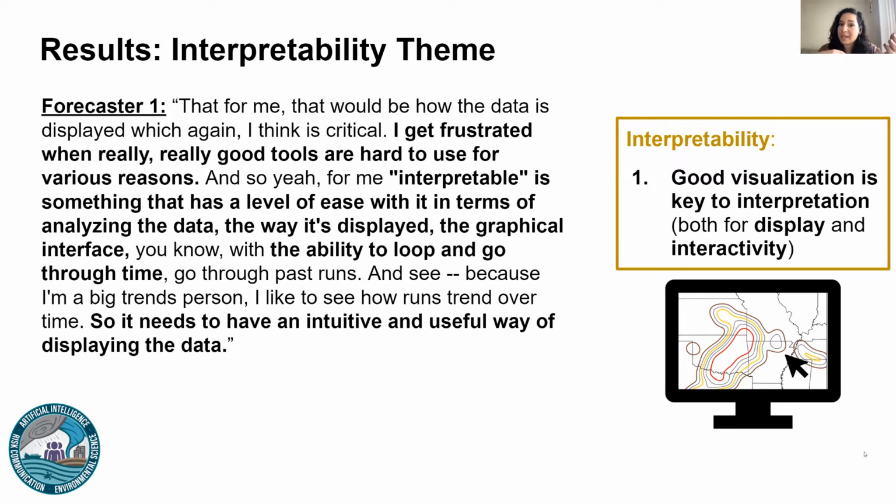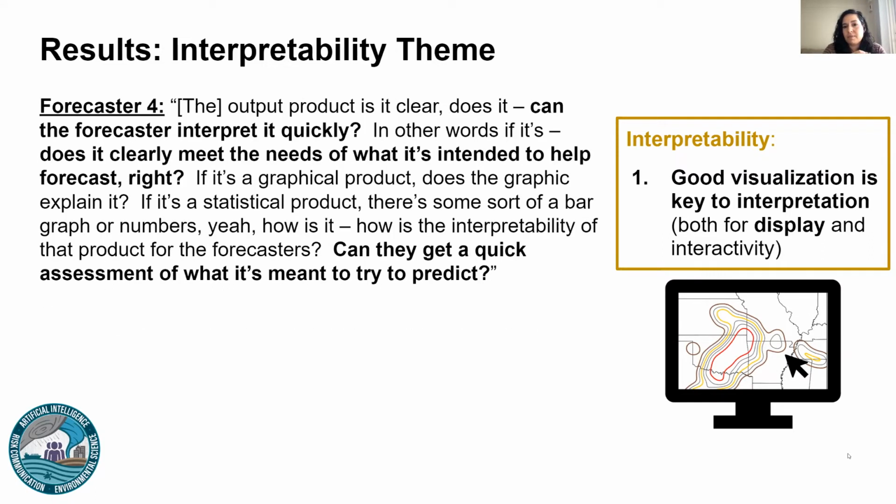So similar to what I said previously about putting the AI's best foot forward, you want to make sure that the information that's being conveyed is actually accurate to what the model is representing, and not just accurate, but useful and can be used by a forecaster in their forecasting needs. Forecaster 4 continued this point with, can the forecaster interpret it quickly?